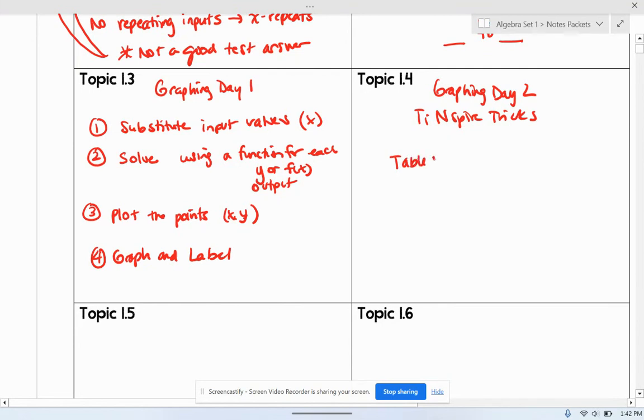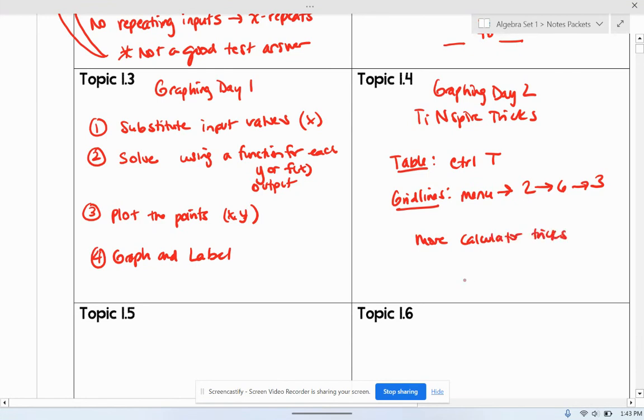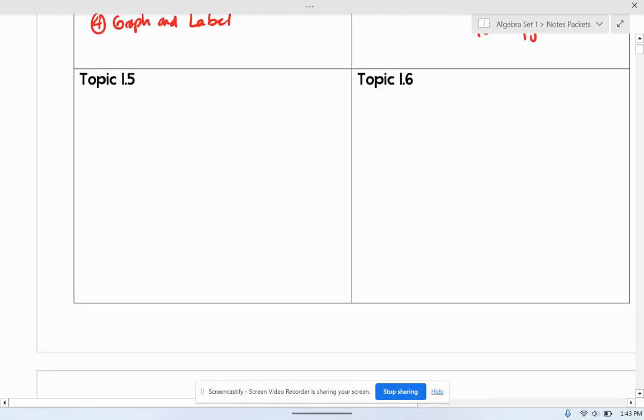So to get to the table, you do Control T. To get the grid lines, so it's easy to count or view special points, you can go to Menu, 2, 6, 3. And then there's more calculator tricks located on the notes, page 12. And you should definitely review those before the exam.